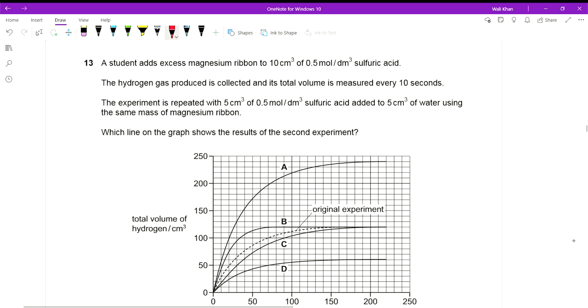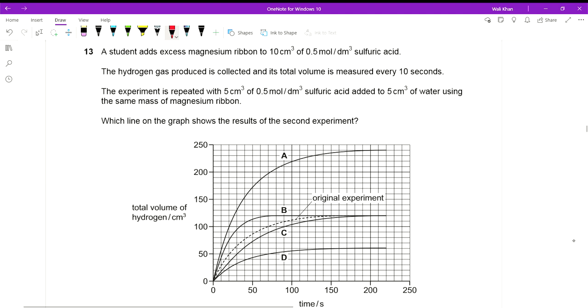Okay, this is a graph. A student adds excess magnesium ribbon to 10 cm³ of 0.5 mol/dm³ sulfuric acid. So the student adds magnesium ribbon to 10 cm³ of 0.5 mol/dm³ sulfuric acid.